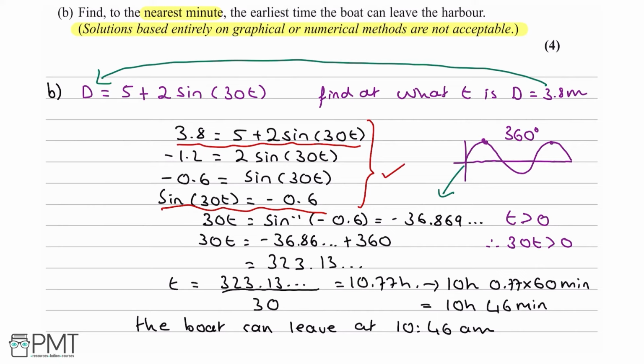Your second mark comes from knowing you need to add 360 to your value for 30t, so that you get a valid answer for t, so not negative. Your third mark comes from getting that t is 10.77 hours, and your fourth mark comes from getting a time of either 10:46 a.m. or 10:47 a.m.